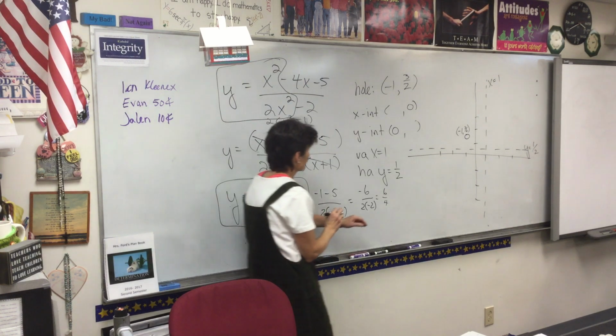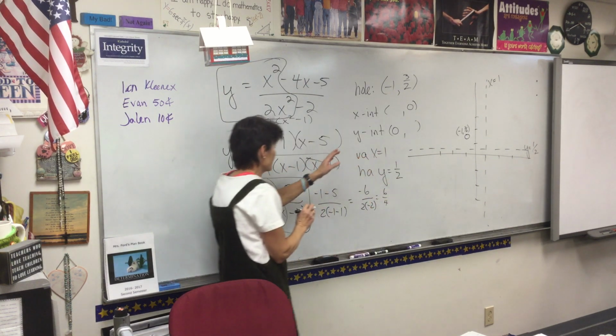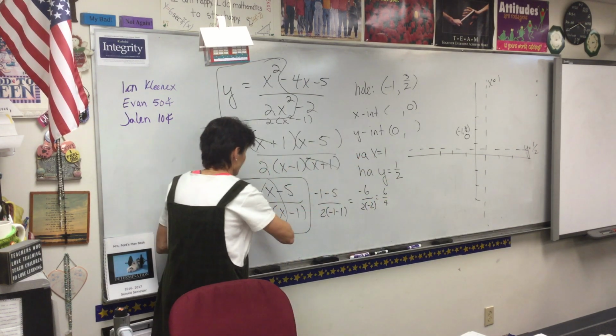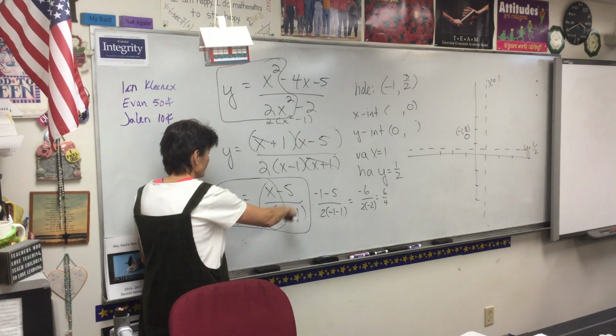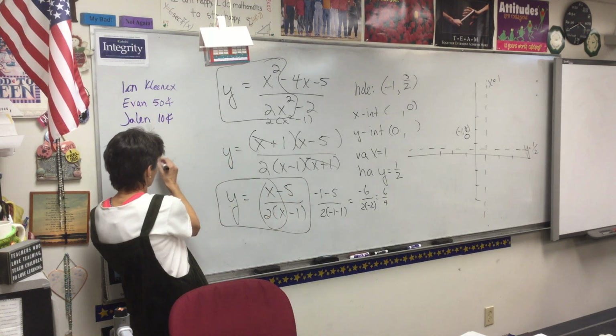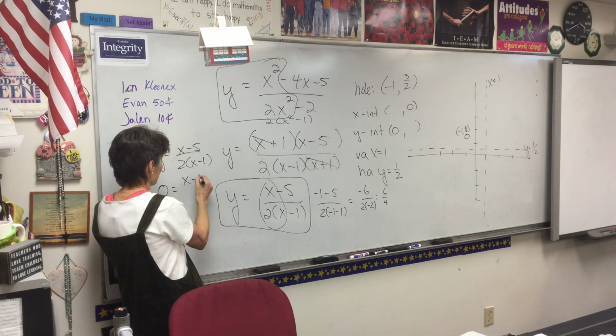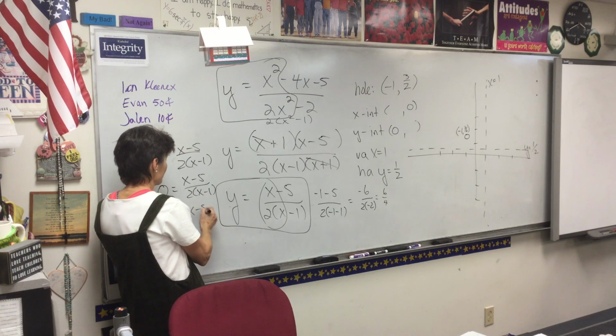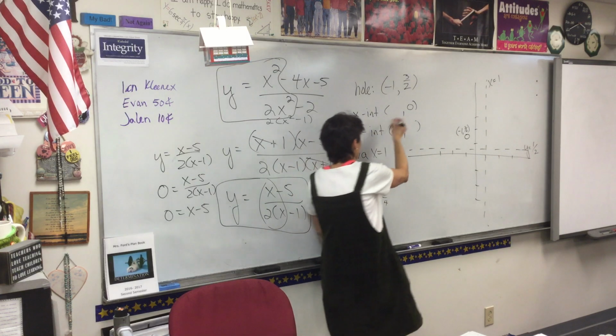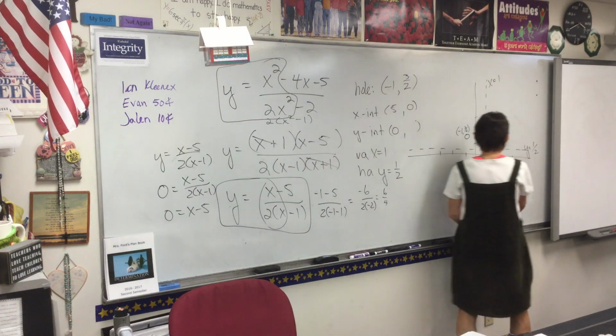Here's your equation right here. If we put in 0 for the y, then x is going to turn out to be 5. So your x-intercept is (5, 0).